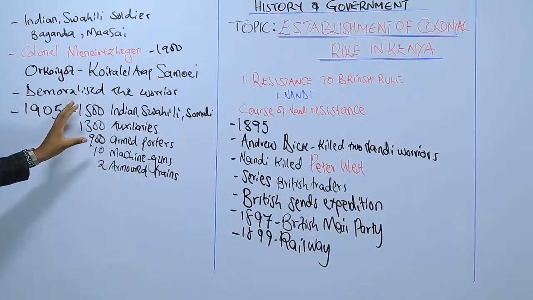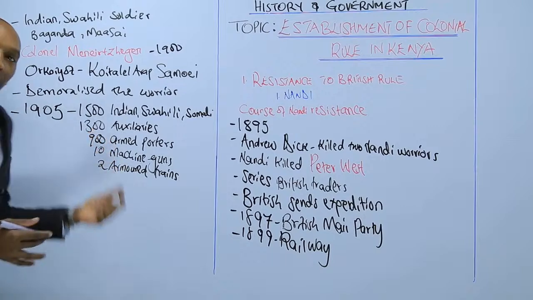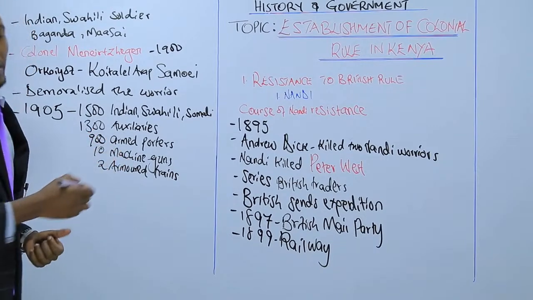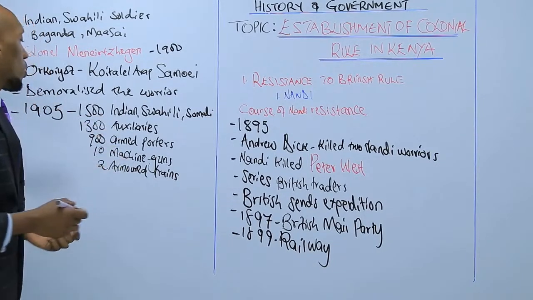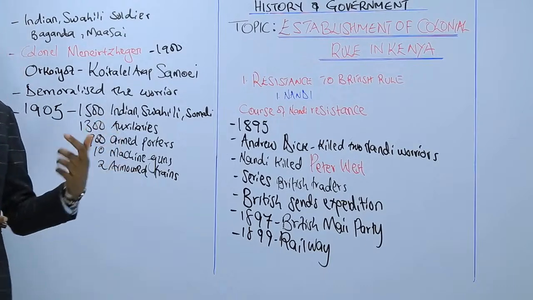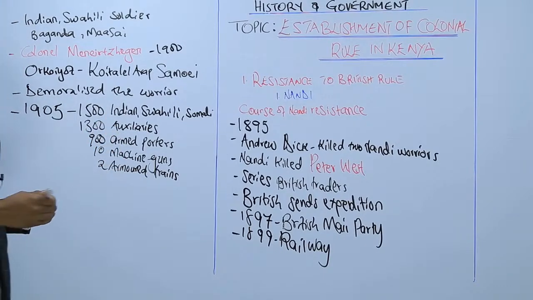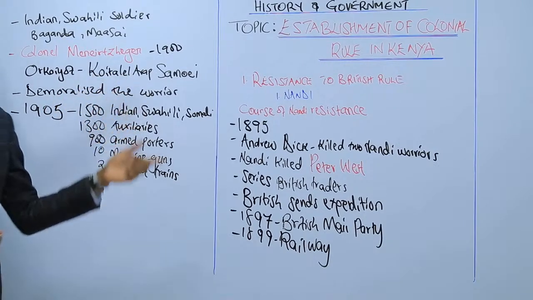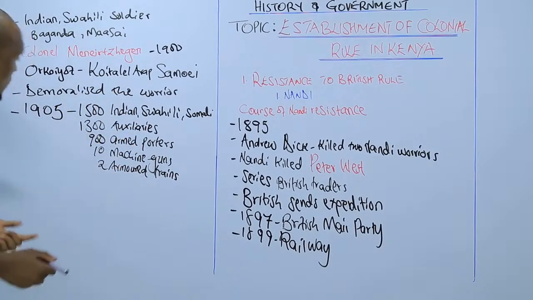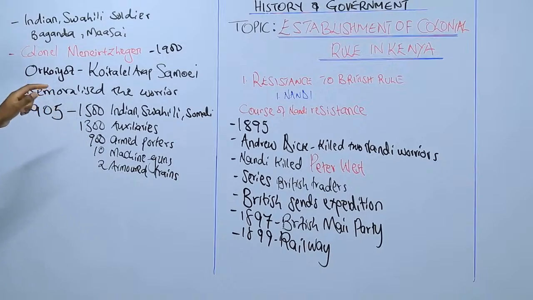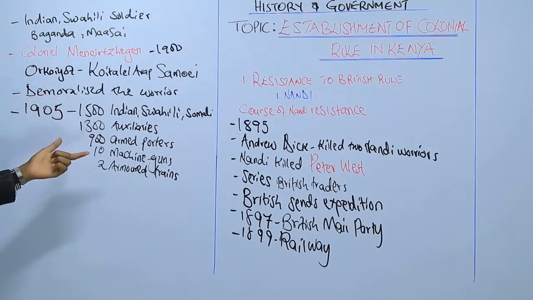So you can imagine, all these people are directed against one community, against the Nandi, who have been fighting them for a very long time. So though the Nandi at this time are demoralized, remember that they are now demoralized because their leader has been executed, and now the leaders are unable to continue.